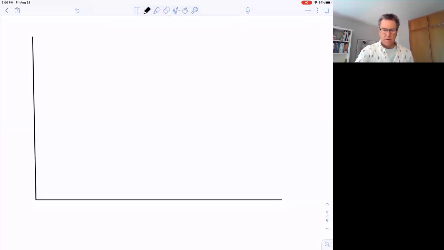We get snowfall. We want to see how much snowfall, and we want to see if ice scrapers are related to snowfall. So we measure the snowfall, put that on the y-axis. We measure the sales of ice scrapers.